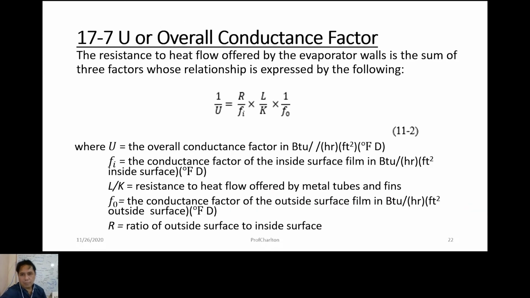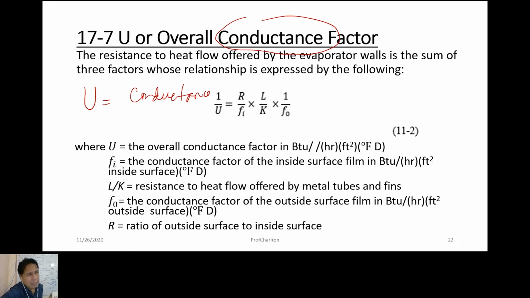So now, there's another thing that we have to consider. That is U. What is U? U is the overall conductance factor. If you take up control system engineering or modeling, you will know this conductance.